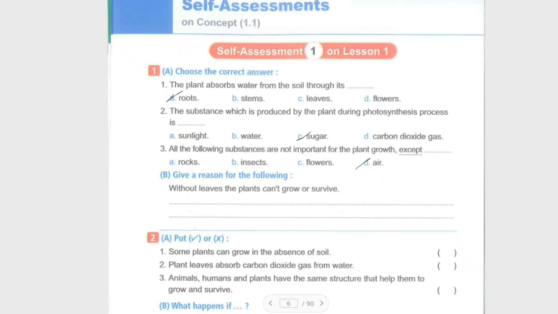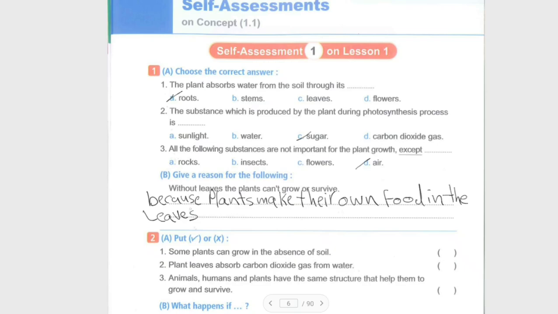Why? We say because plants make their own food in the leaves during photosynthesis process.